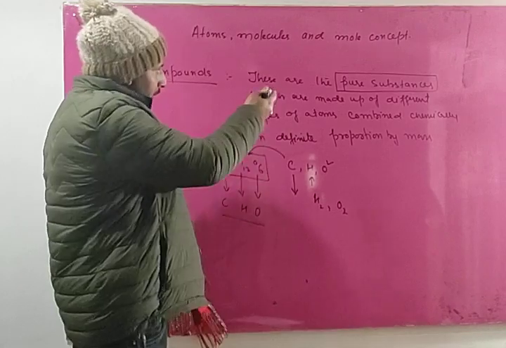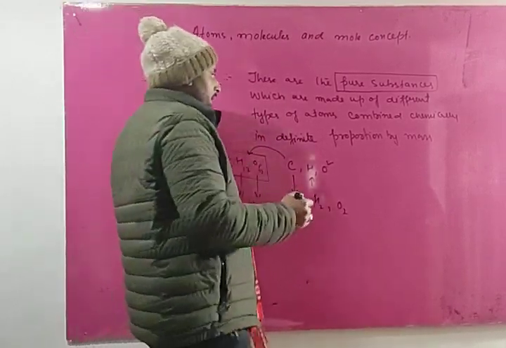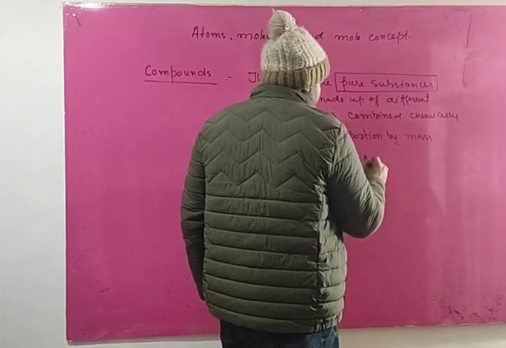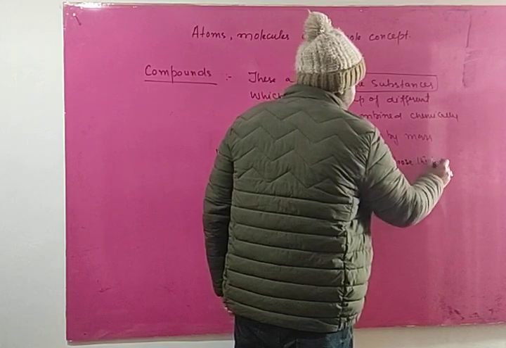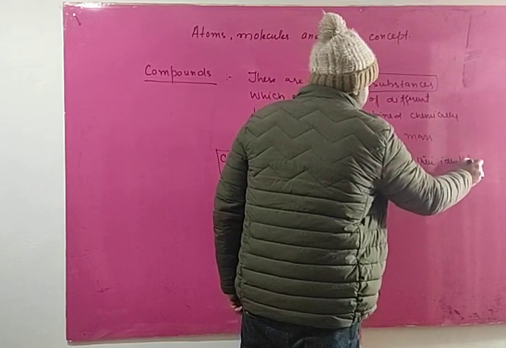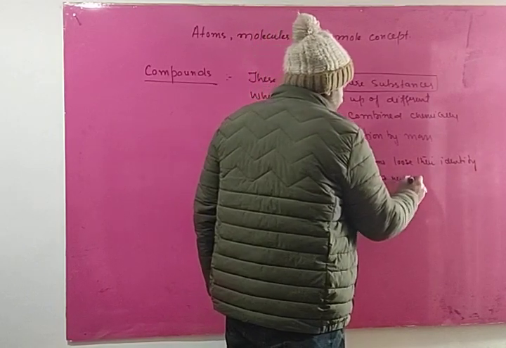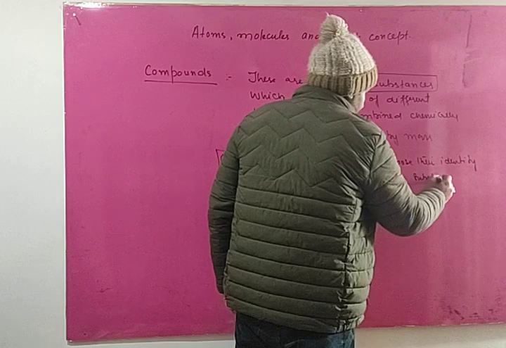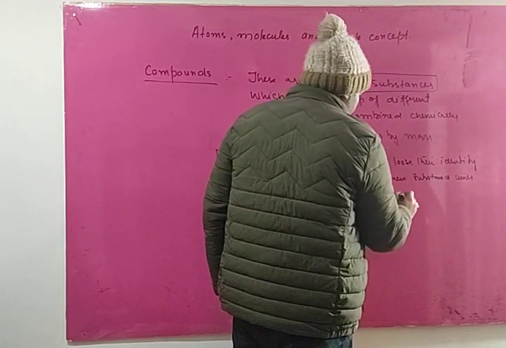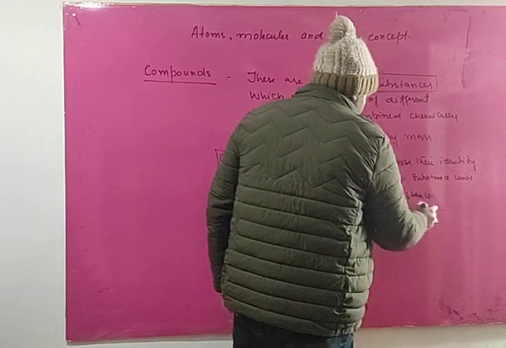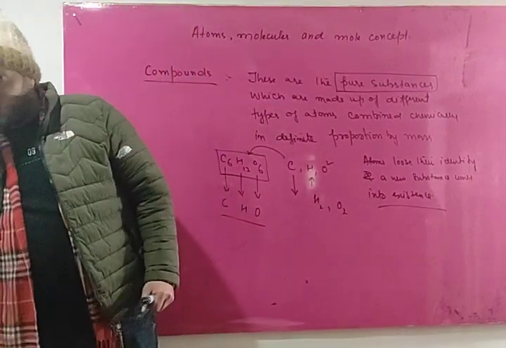That's why we say in case of compounds, since a compound is made up of different elements, what actually happens? Atoms lose their identity, ठीक है? And a new substance comes into existence. अब जब elements मिलते हैं, what are the modes of chemical combination? ठीक है?